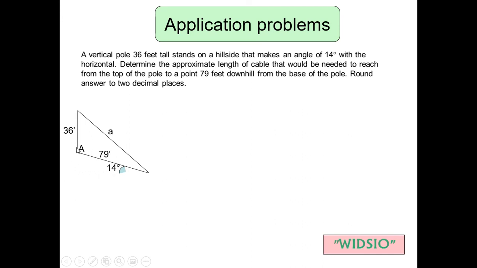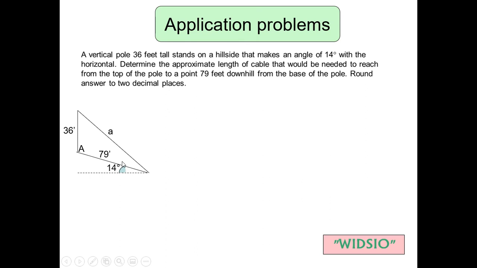The pole is 36 feet tall. The angle that the hill makes is 14 degrees. The top, here's the pole, is 79 feet from the base to where it's going to be anchored in. Okay, so here is the length of cable that would be needed.